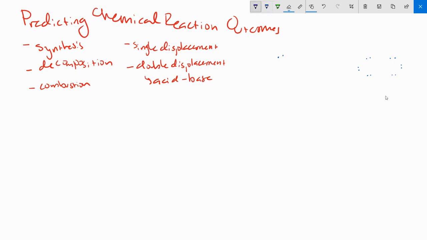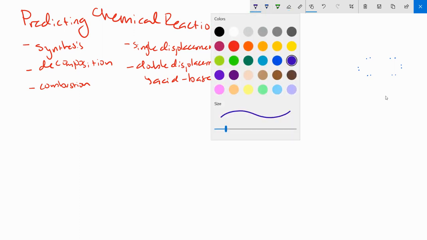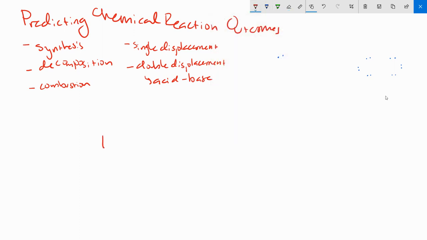Okay. One more reaction to look at, and that is I have HCl, and then I have O2. So if I look at this reaction, I see, okay, I've got a compound, and then I've got a lonely element.